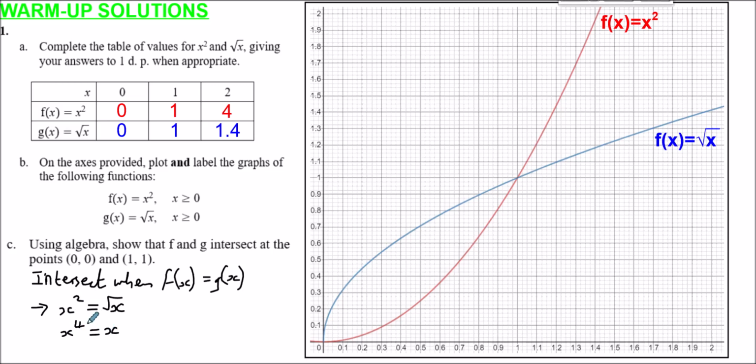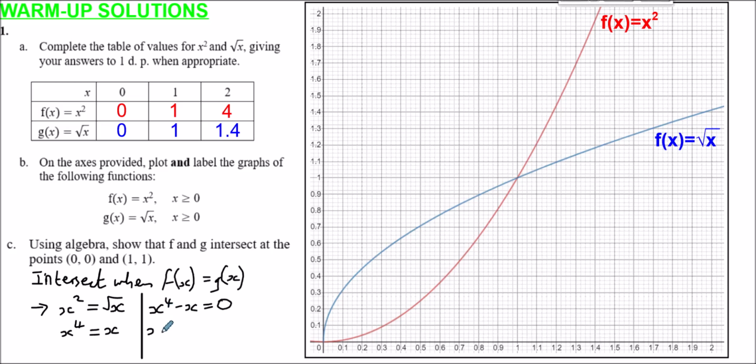We can now rearrange this so it's all on the same side of the equation. So just give myself a bit more space so I don't have to scroll down the page. We can say this is the same as x to the power 4 minus x equals 0. And this will now factorise. We can factorise out an x on the left-hand side.